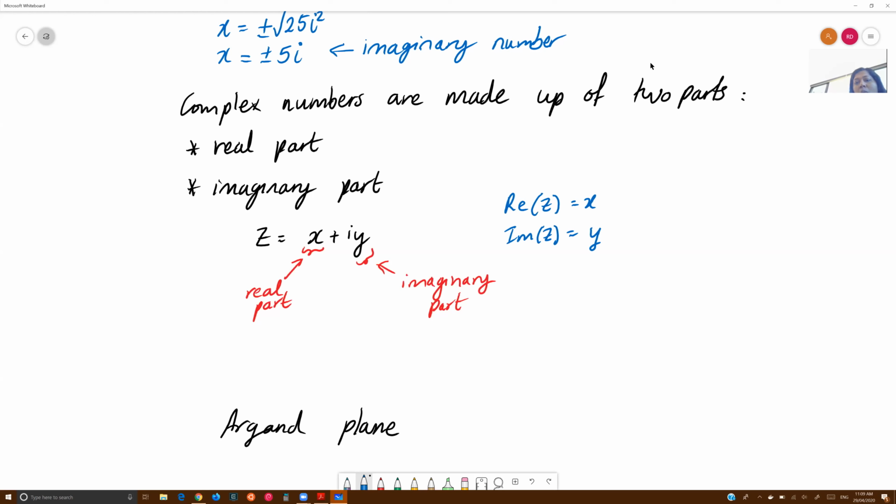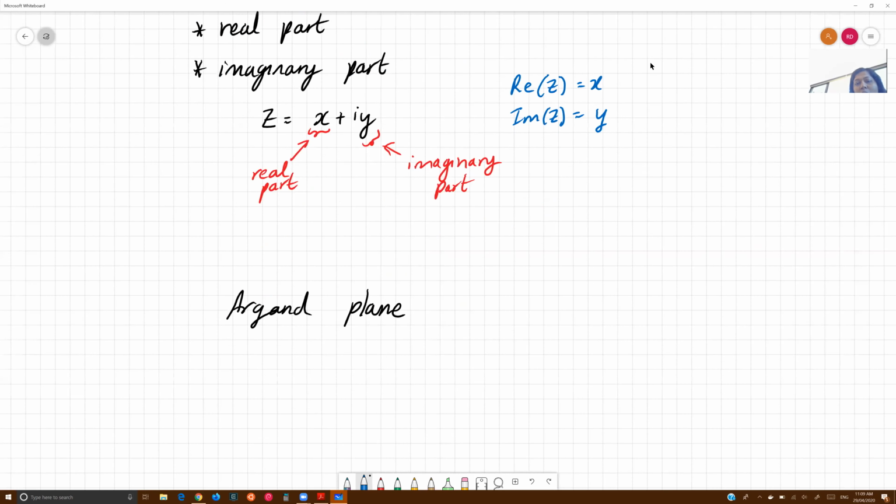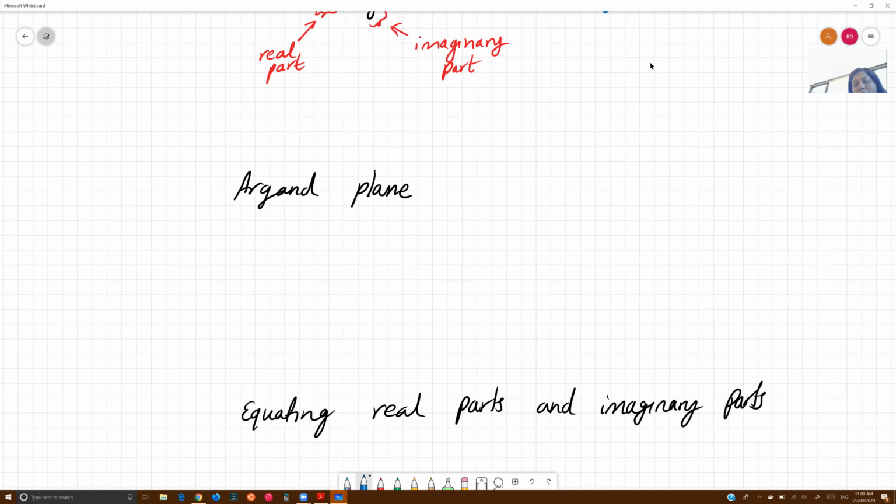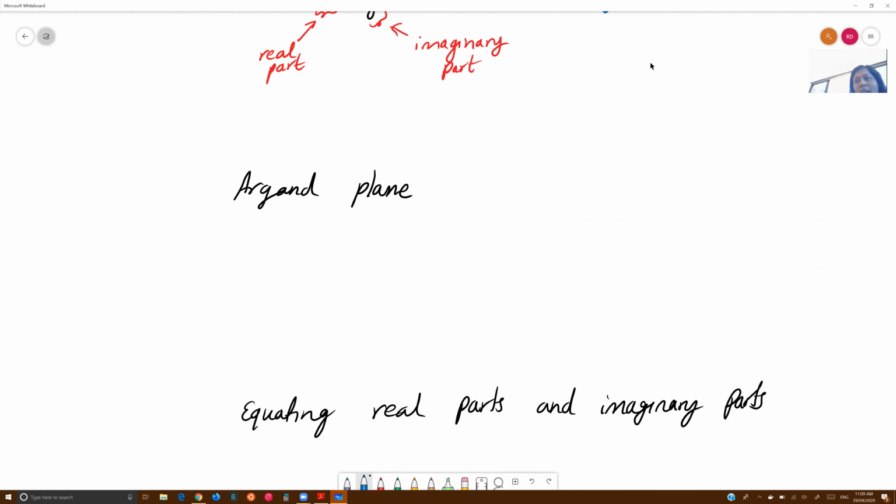What we can do is sketch them on a plane, not a Cartesian plane. This is called an Argand plane, where you've got an imaginary axis. I'll just show you how it works. This is our real axis, and this is our imaginary axis.